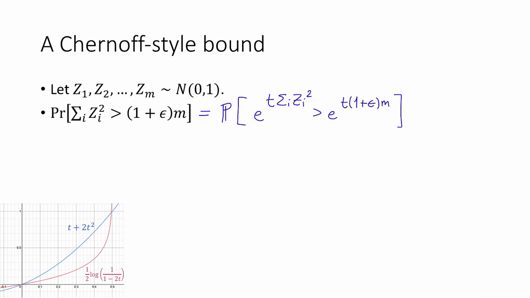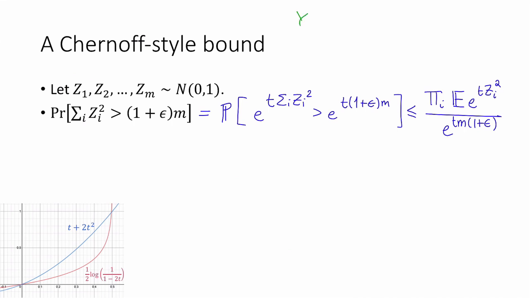So Markov's inequality implies that this is at most the product over i of the expectation of e to the t times zi squared, all divided by e to the t m times (1 plus epsilon). Here I used the fact that the zi's were independent to pull the product outside of the expectation.